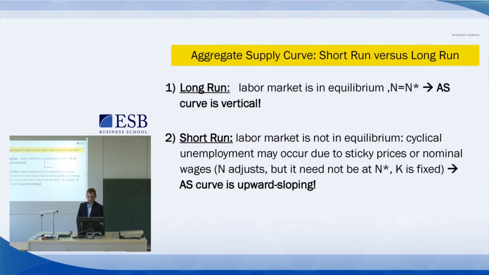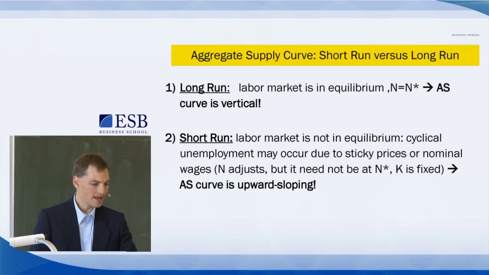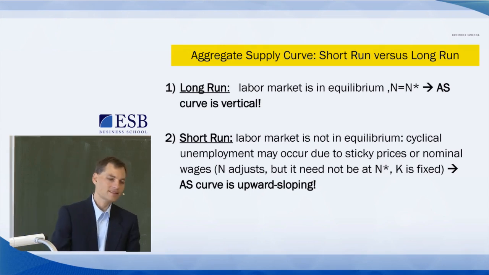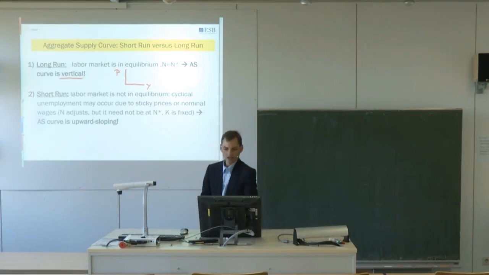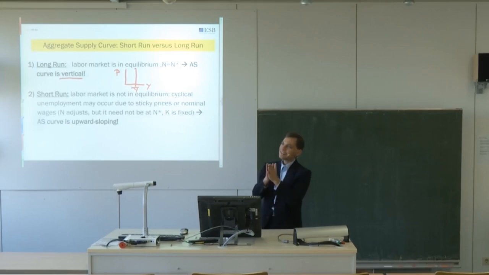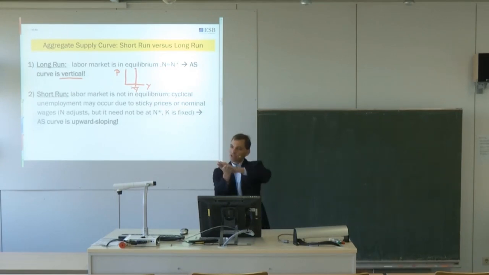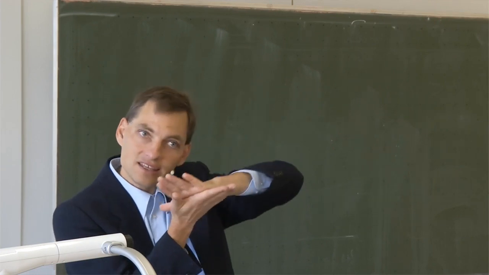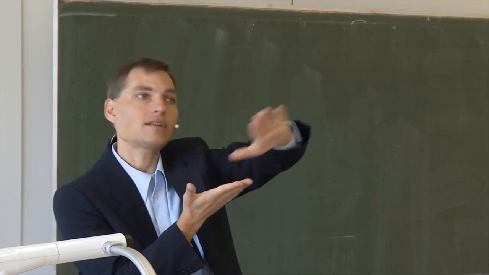So once again, we have output on the horizontal axis and price on the vertical axis. And in the long run, as I show here on my slide, the supply curve is vertical. So it's just a line at a certain output level, y. You can say this is the output in the long run, the potential growth we also talked about in the Solow model. And that is a certain trend, and that trend is given.